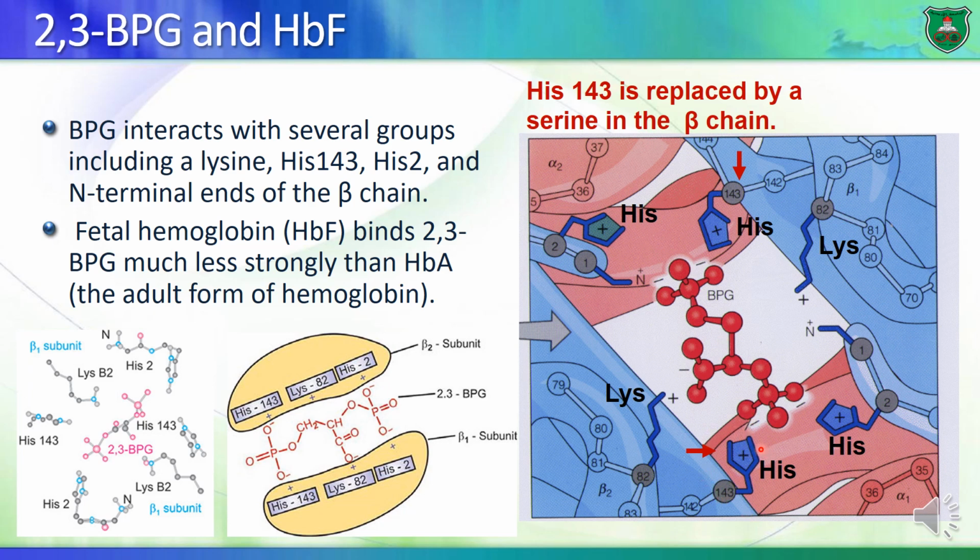Rather, in fetal hemoglobin, you have a serine. So that weakens the interaction between 2,3-bisphosphoglycerate and hemoglobin, increasing the affinity. This is a reason why fetal hemoglobin has higher affinity towards oxygen than adult hemoglobin.